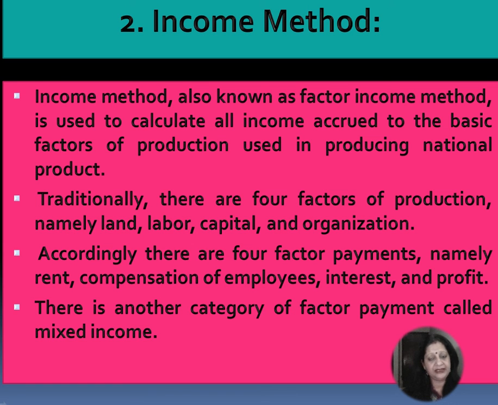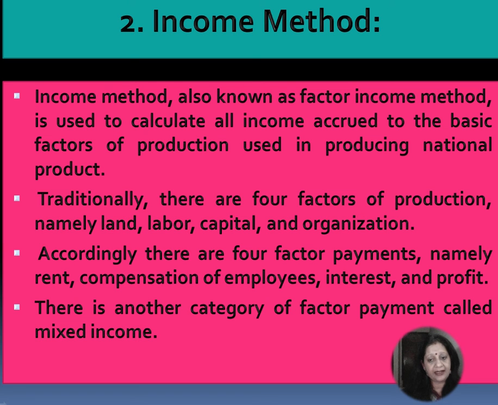So, income method means we sum up all the income earned by the factors of production in a particular period of time, that is from 1st April to 31st March. Accordingly, there are four factor payments, namely rent, compensation of employees, interest, and profit.